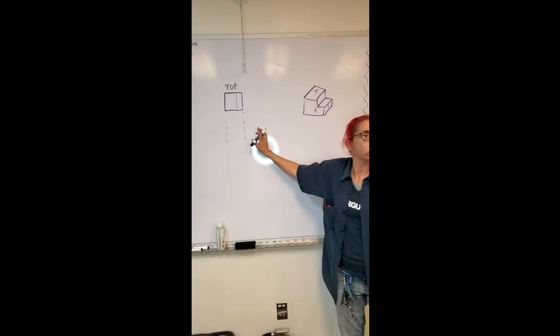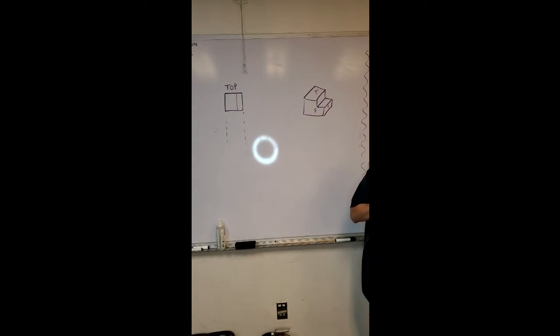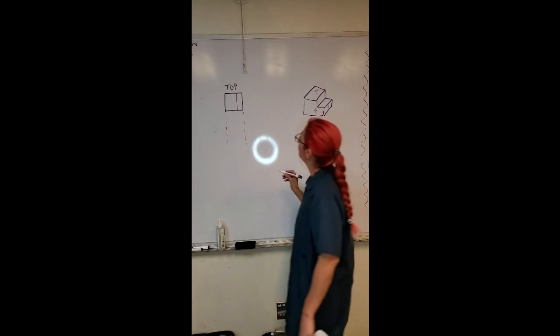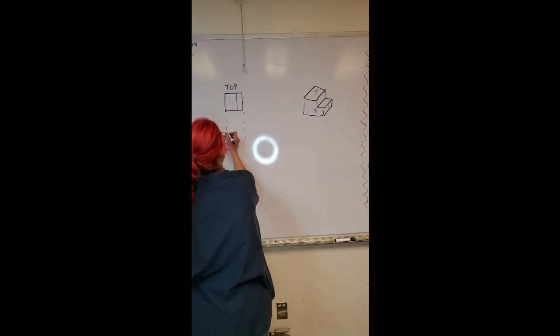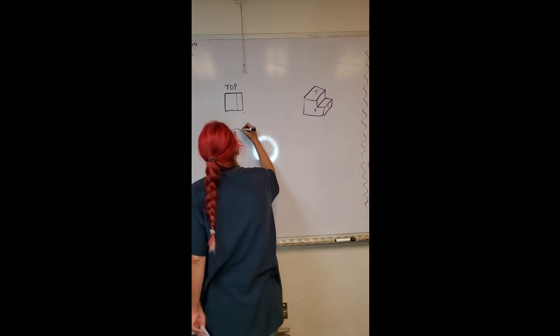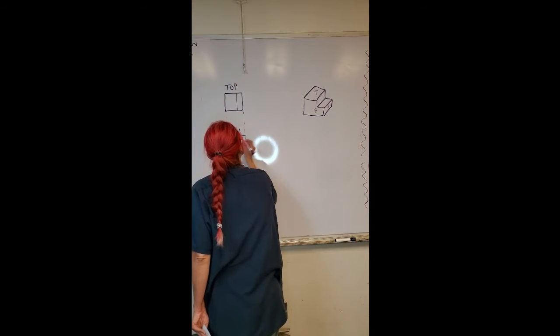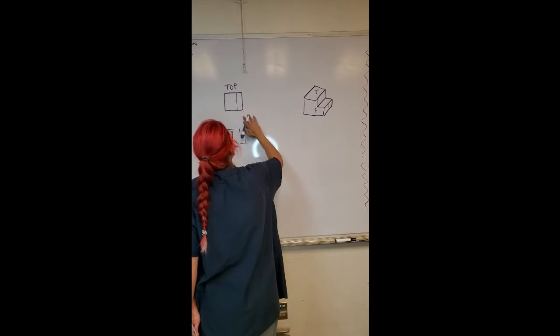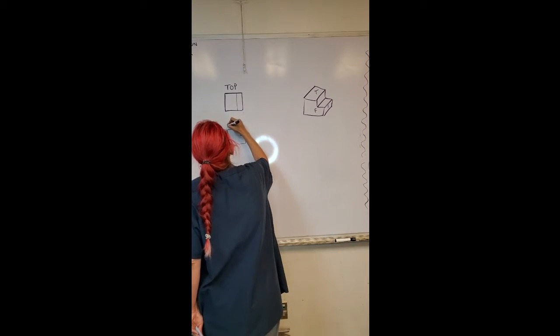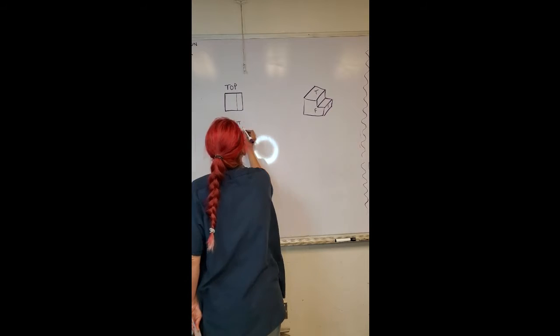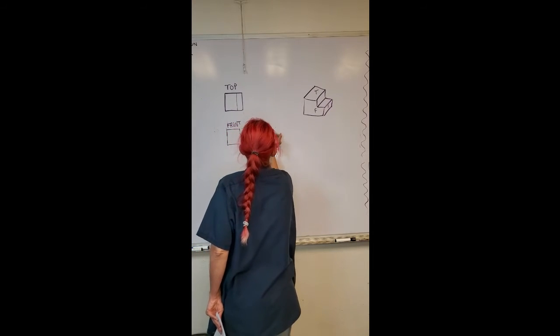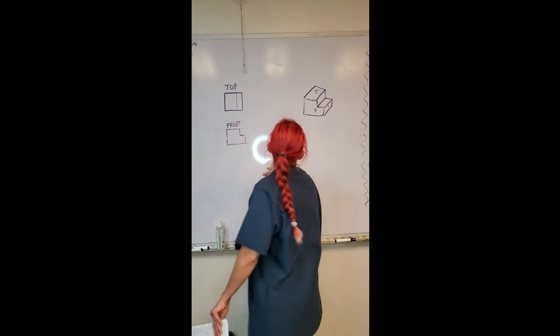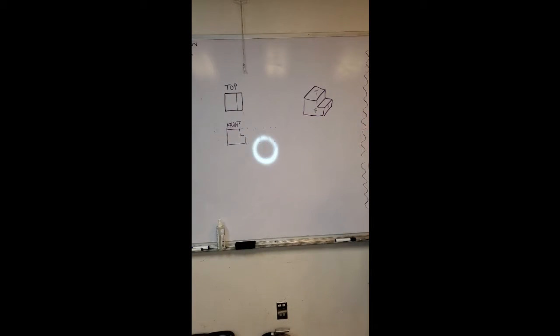What is my front going to look like? Who's got the front? Kind of like an L, right? Okay, so now we want to make sure that we're following what we have here. So now this is my front. Now we want to make this one relational, right? What's my side going to look like? Like two rectangles stacked.